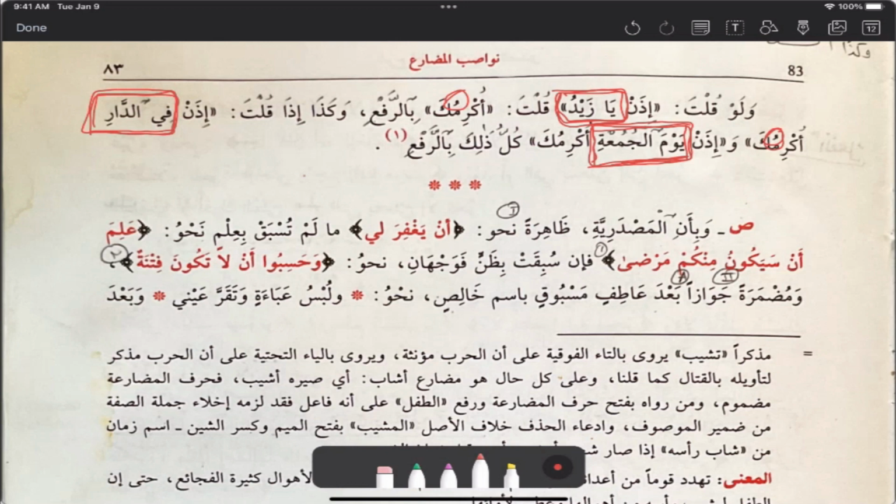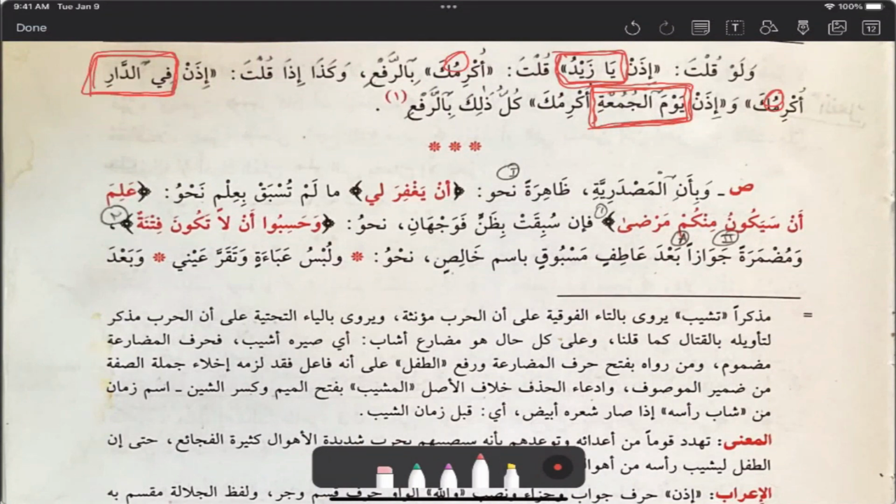All of that is by rafa, because what he's saying is the only thing allowed to come between idhan and the verb, if all the other conditions are satisfied, is a swear. And what would be his proof for that? His proof for that is tracking the Arabic language. Had they found it differently, they would have said differently.